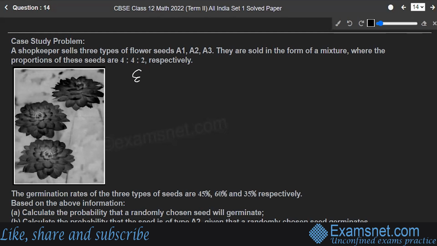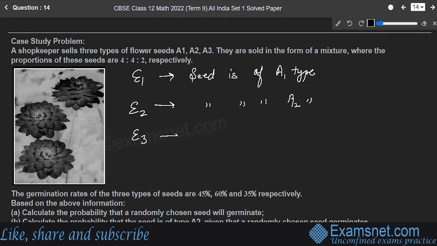Let there be 3 events, E1, E2, and E3. E1 is the event that the seed which is chosen is of A1 type. E2 says that the seed is A2 type. And E3 says that the seed is of A3 type.